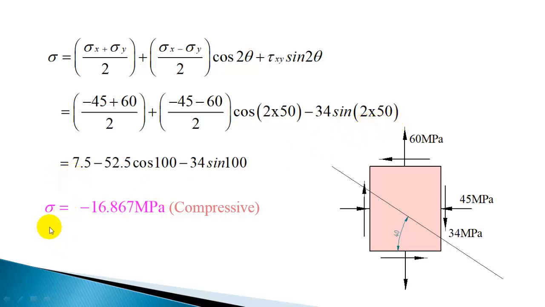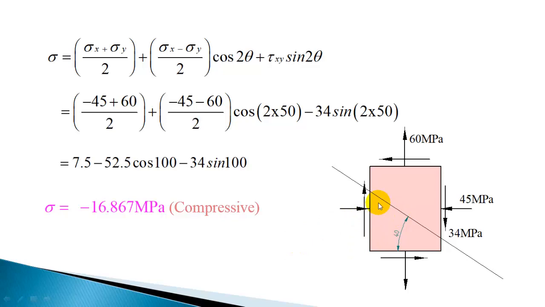So you get sigma as minus 16.867 megapascal. This is the normal stress on this plane. So normal to this plane, the stress acting is compressive, minus indicates compressive, 16.867 megapascal. So on this plane you have compressive stress.